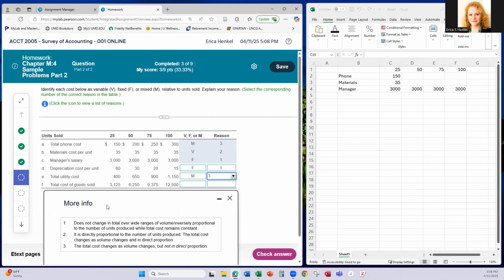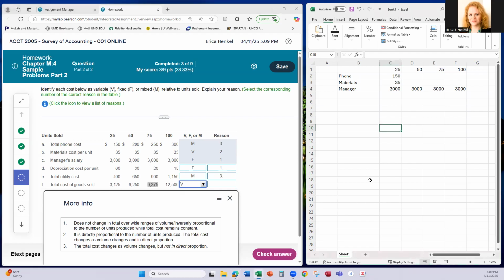And then cost of goods sold. So 31.25, 62.50, 93.75. Okay, so let's see. This one is exactly 3 times this one. And this is exactly double that one. So this is going up proportionately. So this is just a classic variable cost. So as the number of units doubles, it also doubles.